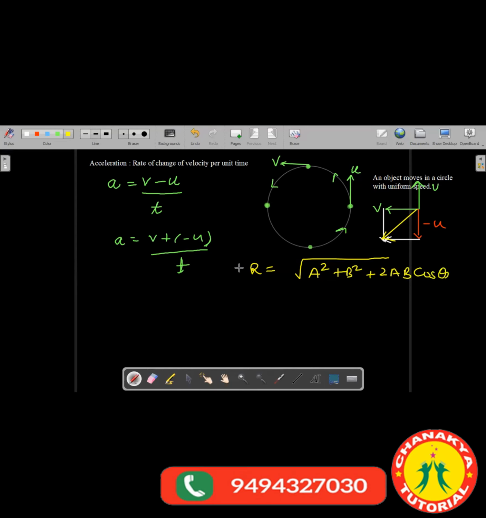So in this way, we can obtain the value of acceleration. Got it? Is this clear to us?